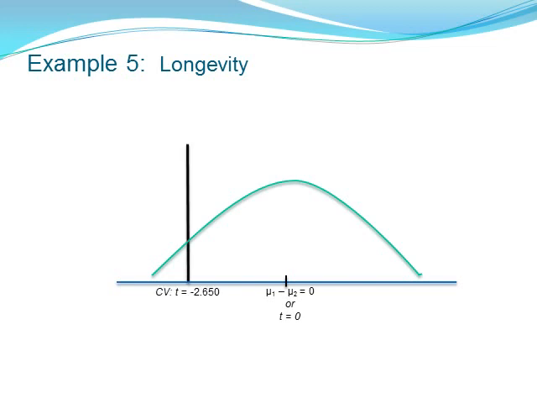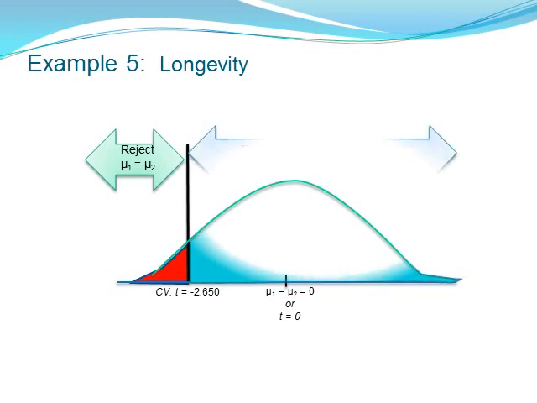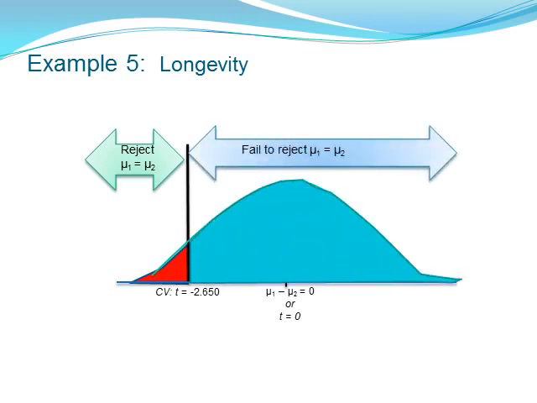Then we make a mark at our critical value, which was negative 2.650, and we shade that region to the left. That is our critical region. If our test statistic falls within that area, we would make the conclusion to reject the null. Second, we shade the area to the right of that critical value, and that whole region, if our test statistic falls there, we would fail to reject the null.